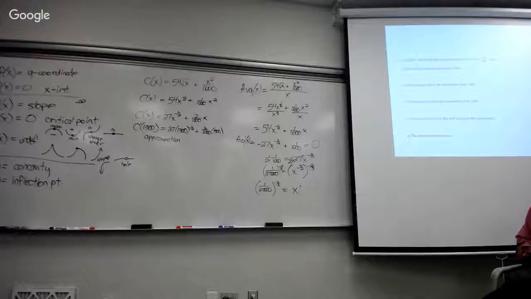Oh, negative 2/3, not negative 3/2, negative 2/3. Everyone try 1 over 27,000 to the power of negative 2/3. What did you get?